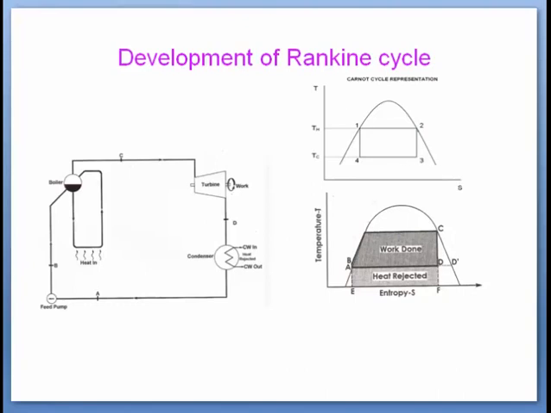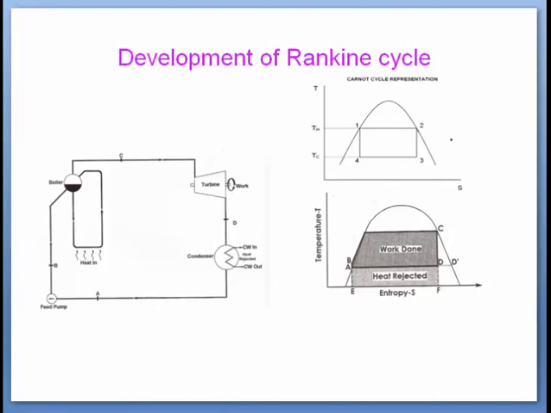One more thing we would like to see in the TS diagram: this 1-2 line shows the boiler temperature and pressure, and 3 to 4 represents the condenser temperature and pressure.